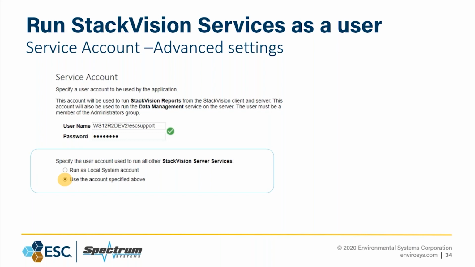So on the service account advanced settings, to run StackVision services as a particular user, you can select to use the local system account that is being used to run the installer, or you can use a specified above account to be designated for your StackVision reports and data management services.